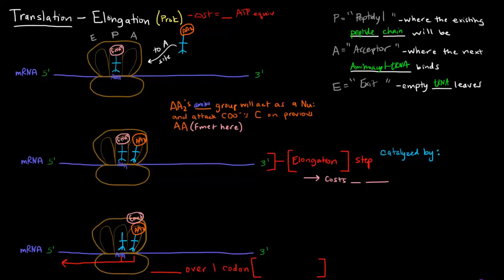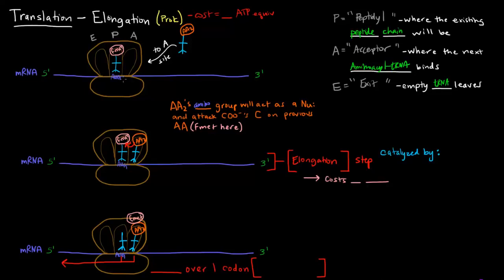So in this case, the previous amino acid is the formylated methionine, and it's initially in the P site. So the amino acid number 2, its amino group will attack the formylated methionine, causing it to join and covalently bond. So that there is the actual elongation step.